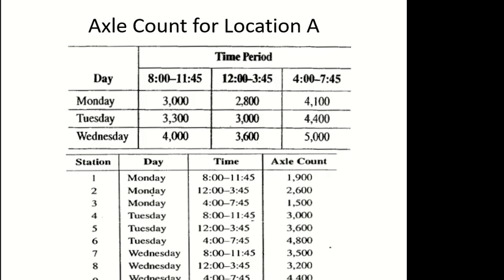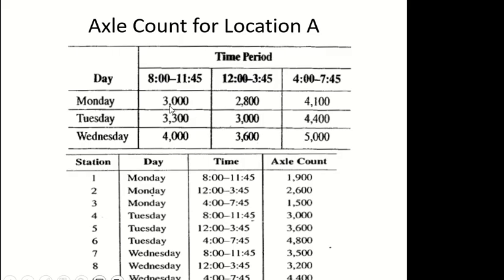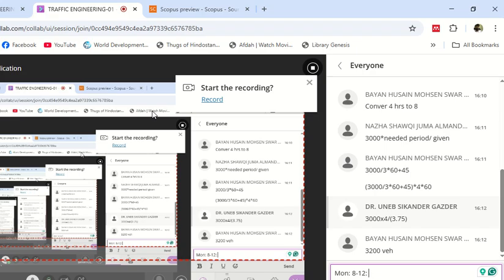So for example, for Monday, if I'm going to calculate the expansion factor of 8 to 12, 8 to 12 is the first value. You convert it into 4 hours, it became 3200. Divide by the total of 12 hours for Monday.